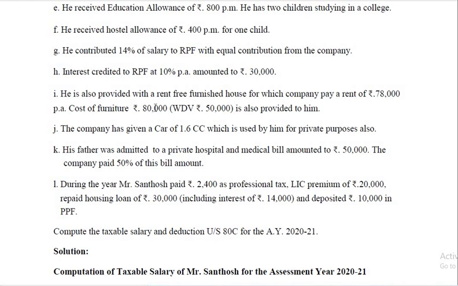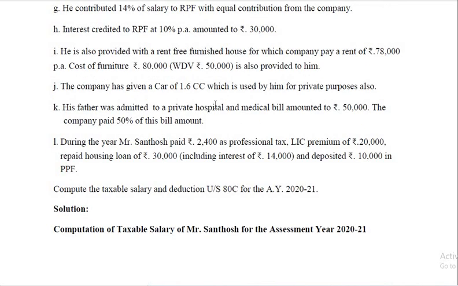Therefore 80,000 should be taken, and 10% of the cost of furniture. If nothing is mentioned, it is assumed to be owned by the employer. If it is hired, actual hire charges you have to take. But it's not hired here. Therefore 10% of cost of furniture.